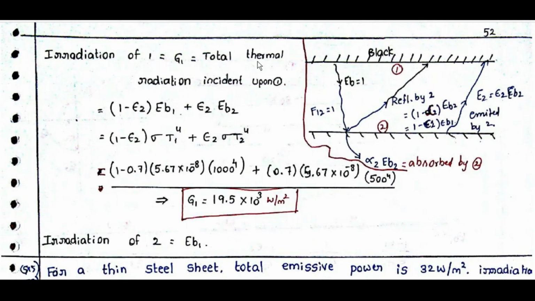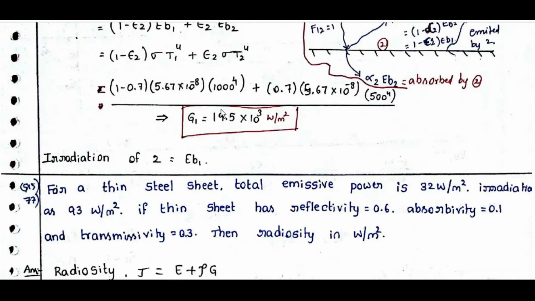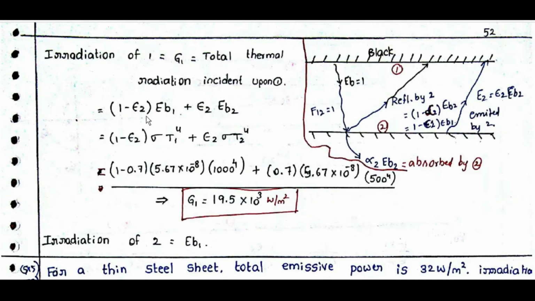G1 is the total thermal radiation incident upon 1, which is (1 minus epsilon 2) into EB1 plus epsilon 2 EB2. Epsilon 2 EB2 is the part that is reaching 1, and the EB1 that has been incident on surface 2 is reflected back, where the reflectivity rho is 1 minus epsilon 2. From that we get G1.